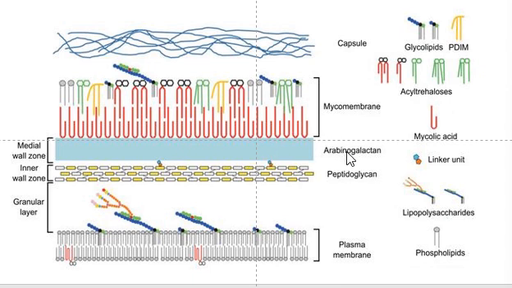Because of this important structure, they prevent the crystal violet from diffusing into the cell. It's simply because they have this hydrophobic nature, and they tend to repel water. And crystal violet is water soluble.